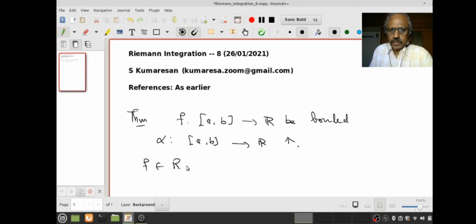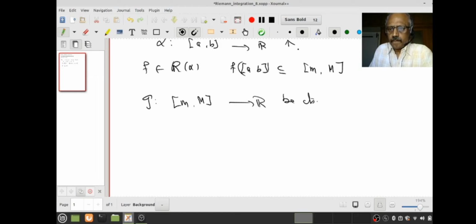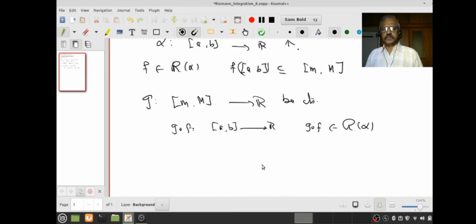Assume that f belongs to R of alpha, integrable, and also assume f([a,b]) is contained in the interval [m, M], and let g from [m, M] to R be continuous. Then I have a function g composite f from [a,b] to R. We want to claim g composite f belongs to R of alpha. That is, it's alpha integrable. This is the theorem.